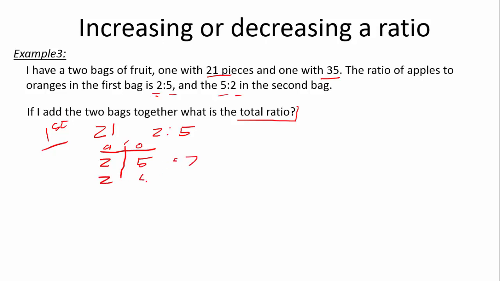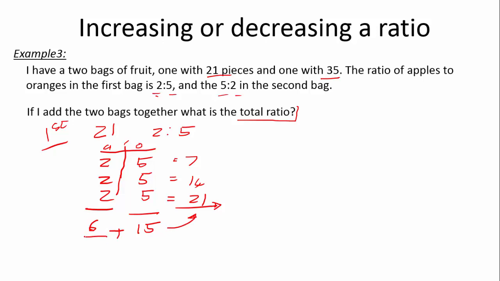Then we add another 2 apples and 5 oranges, and we have a total of 14. Let's add another 2 apples and 5 oranges, and now we get a total of 21. That is our 21 pieces. So in total there are 6 apples in the first bag and 15 oranges, which equals 21.